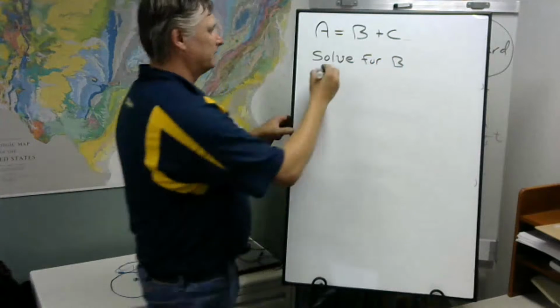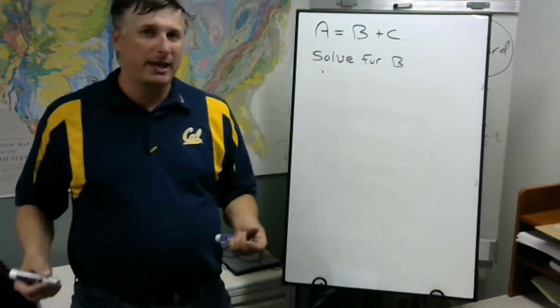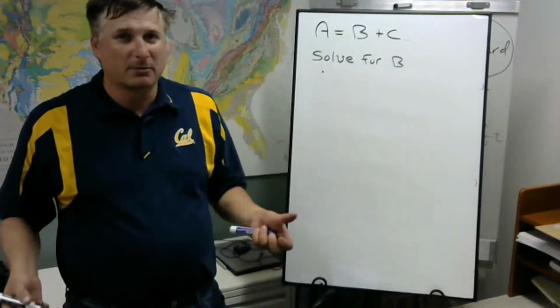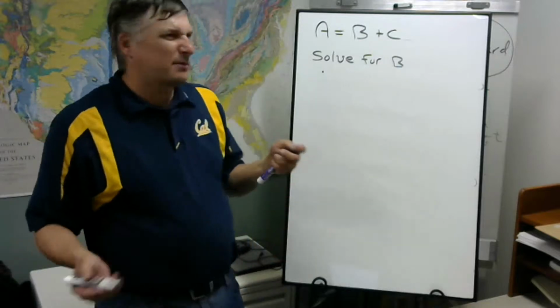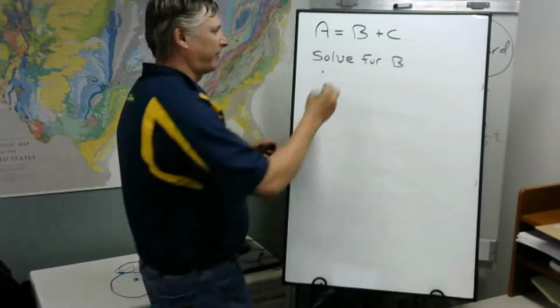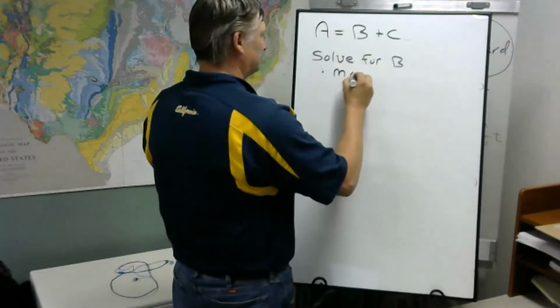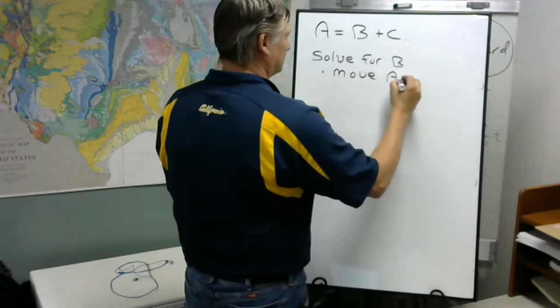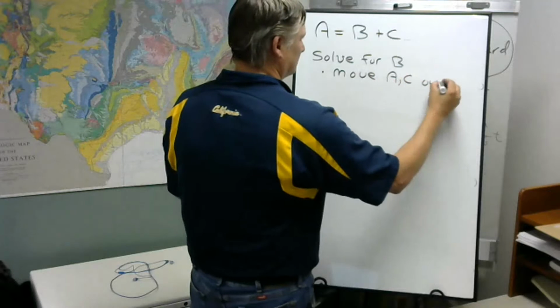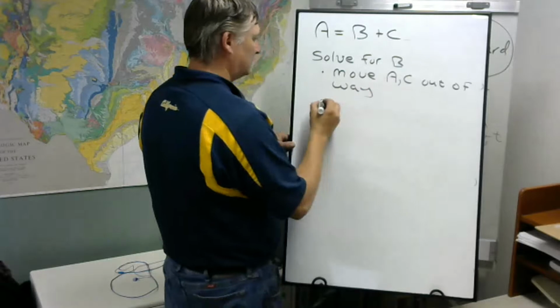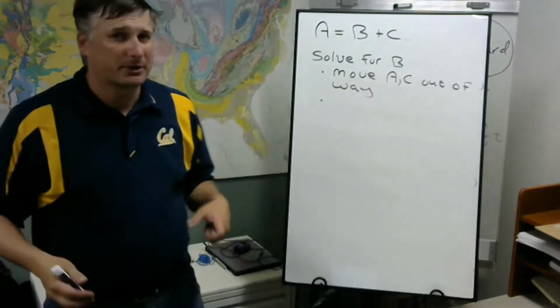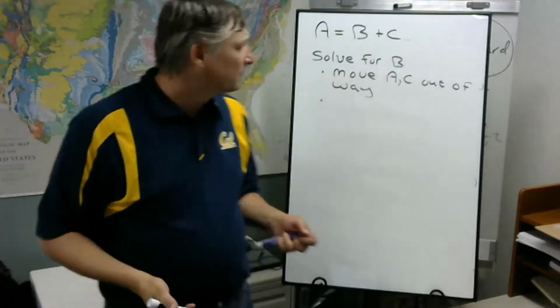So this is what we're going to do. We're going to treat A and C like they're numbers. Well, they actually are. They're just unknown numbers. But we're going to move them out of the way. We're going to use the rules of algebra to get A and C out of the way.